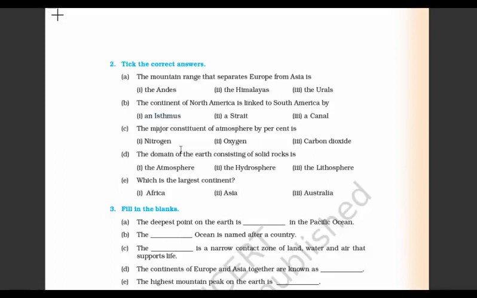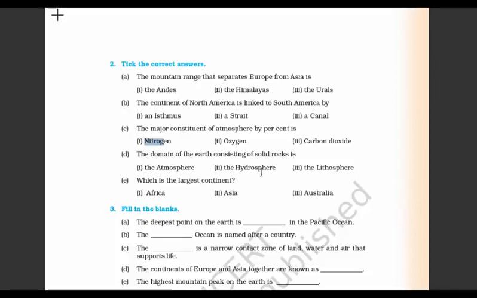The major constituent of atmosphere by percentage is nitrogen. Together nitrogen and oxygen form 99% of the atmosphere. Carbon dioxide is about 1%, but nitrogen takes the lead with roughly 73 to 75%, something more than 70, just remember that.